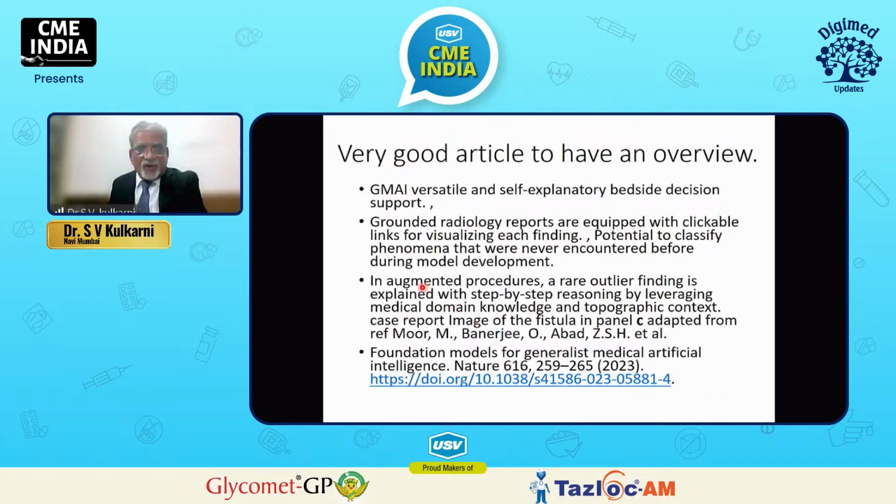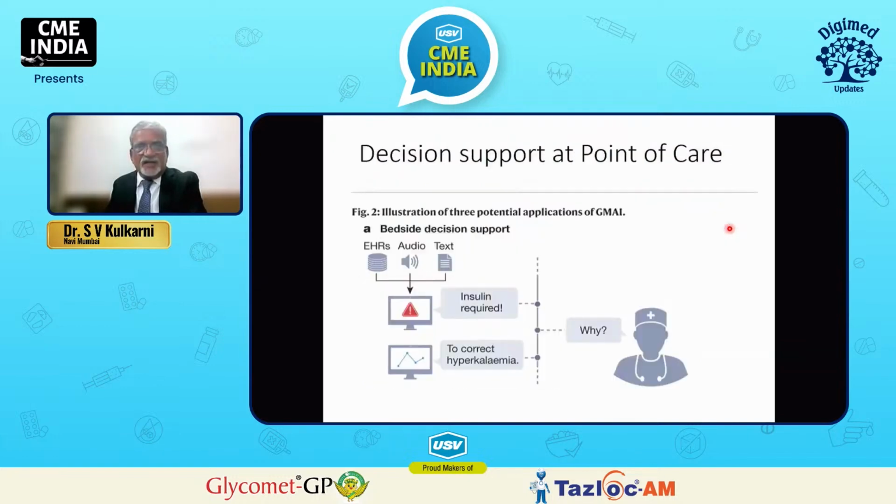In the augmented procedure, a rare outlier finding is explained with step-by-step reasoning by leveraging medical domain knowledge. There is something called grounded radiology reports, with clickable links for visualizing findings. So this is decision support at the point of care.